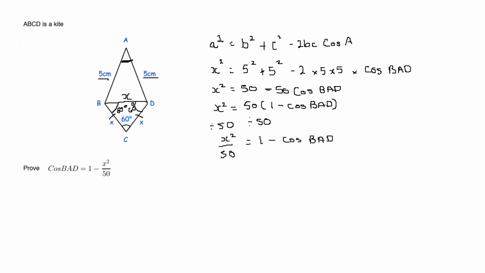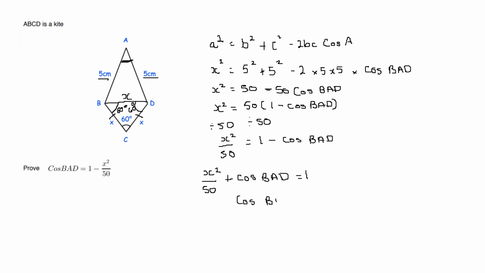Then we're going to add cos BAD to both sides. So we're going to get x squared over 50 plus cos BAD is equal to 1. Then we're going to subtract x squared over 50 from both sides.